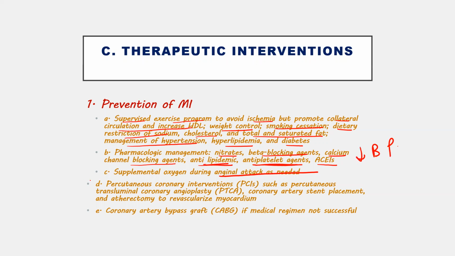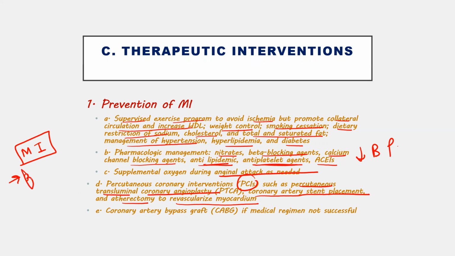Percutaneous coronary interventions, that is PCI, such as percutaneous transluminal coronary angioplasty, coronary artery stent placement, and atherectomy, to revascularize the myocardium. So when there is MI, the interventions that we can do is we can remove the fat deposition.